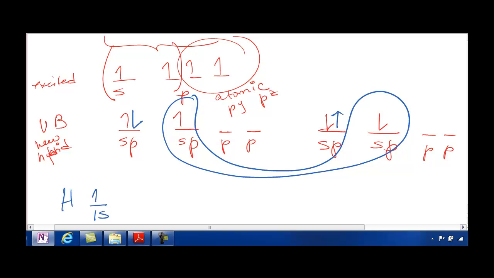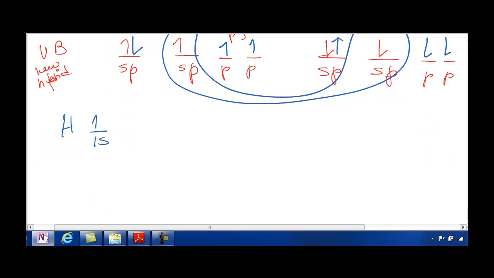Okay, so in this carbon you have 2 more atomic orbitals. Let's make them blue. And then this guy has 2 more atomic orbitals. Now my pi bonds, I have carbon, carbon, H, H.